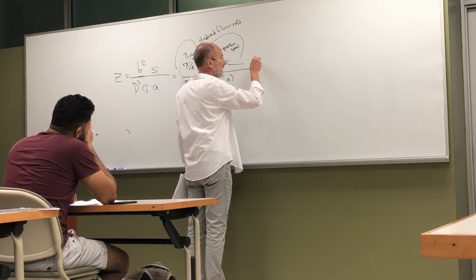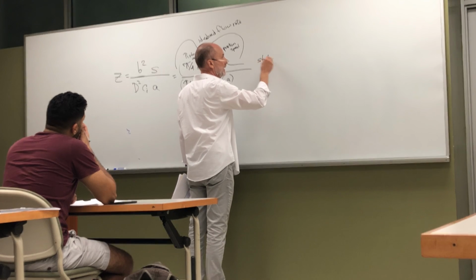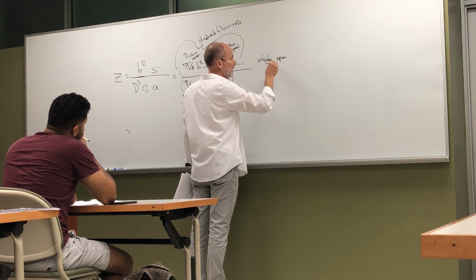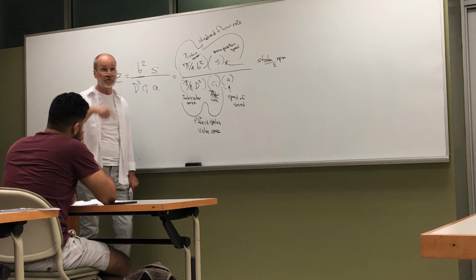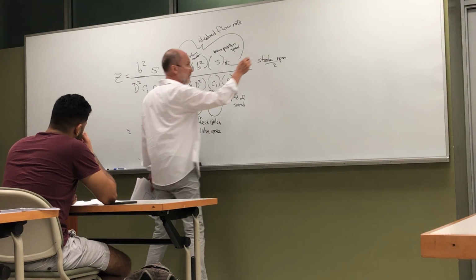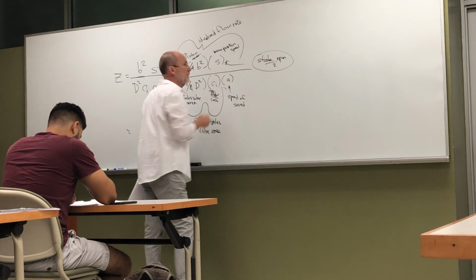Mean piston speed is what? Stroke times RPM, and then divided by 2, takes 2 strokes, and whatever you have to do to fix the units. You want feet or inches or whatever.